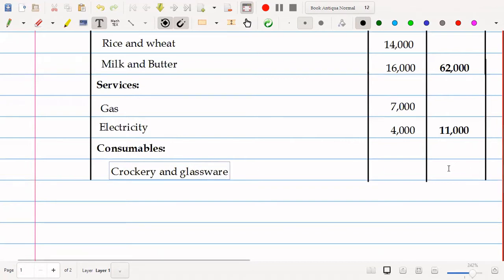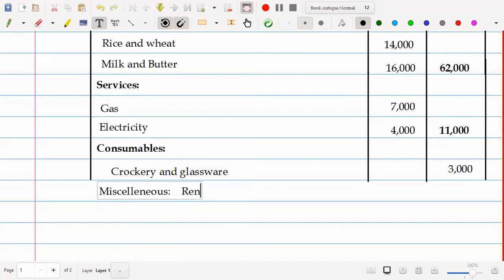Rupees 3,000. Directly we'll take here because it's only one item there. And finally, we have miscellaneous, that is rent. Rent is rupees 10,000.